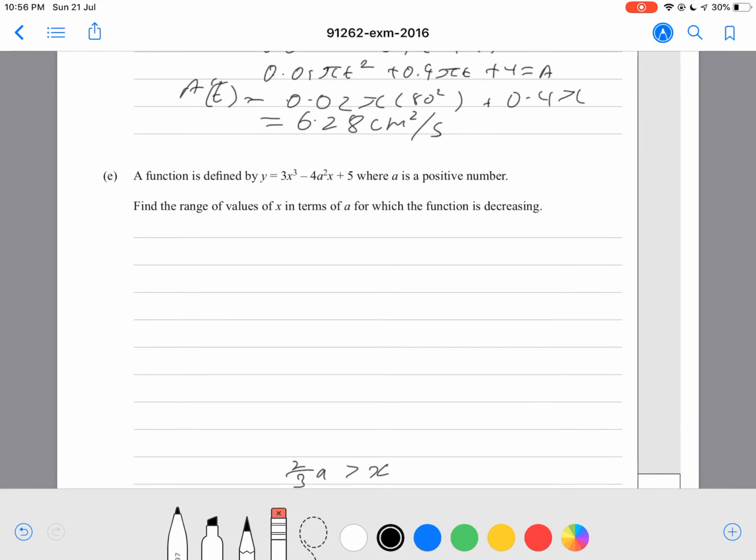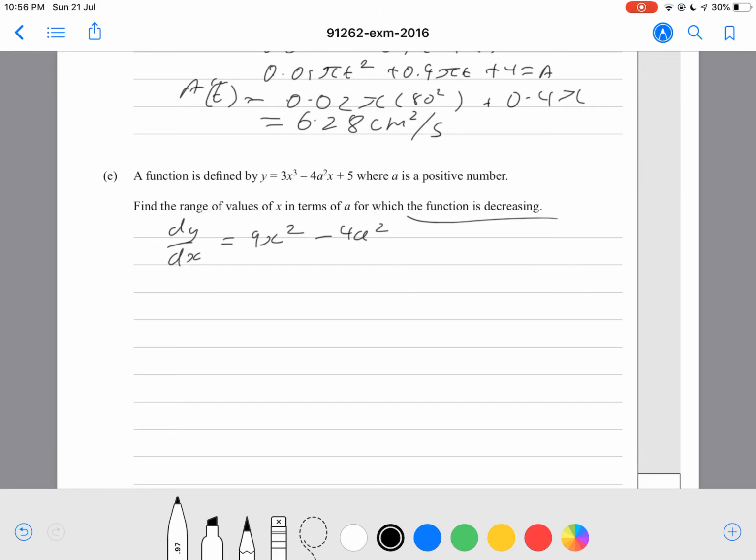A function is defined by y equals 3x cubed minus 4a squared x plus 5, where a is a positive number. Find the range of values of x in terms of a in which the function is decreasing. Once again, we need to find our gradient function, that's dy over dx. That equals 9x squared minus 4a squared.